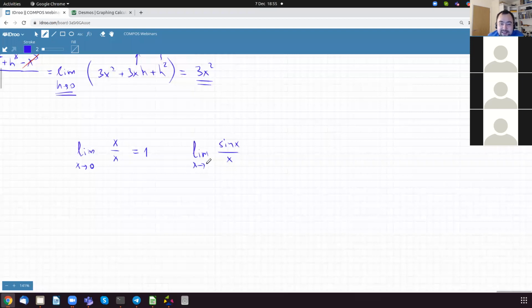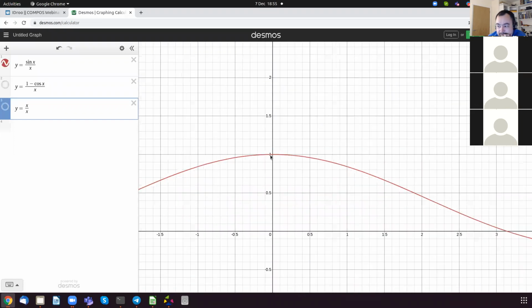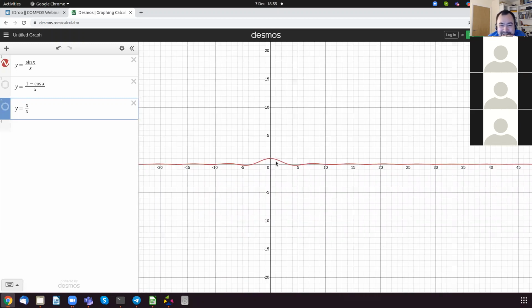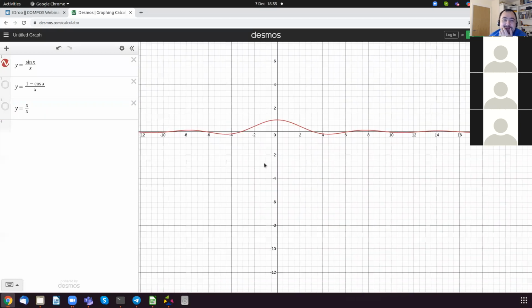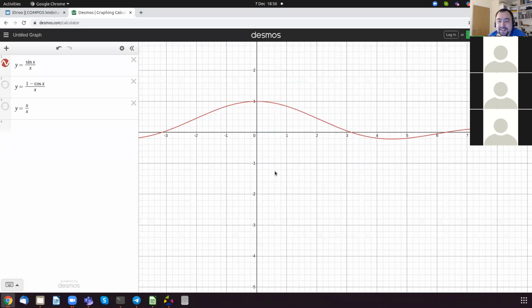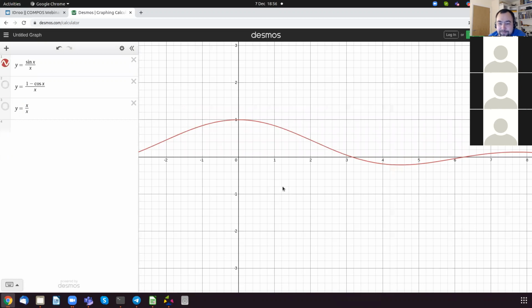A very useful limit is this, sine x over x. And let's look at the graph of sine x over x. You'll need to look it up. Sorry, guys. Maybe if we have time at the end, I can mention L'Hopital's rule. We don't have L'Hopital's rule in the assignment, so you don't need to worry about it.